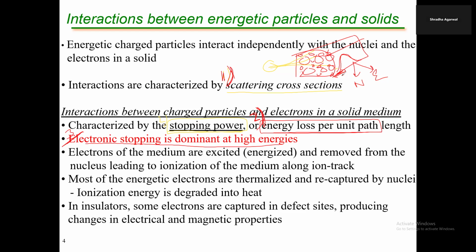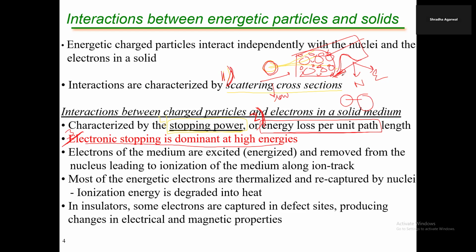The incoming ion can have energies from low to high. When it has a low energy, it is like two billiard balls colliding, the same kind of model, so nucleus to nucleus will collide.